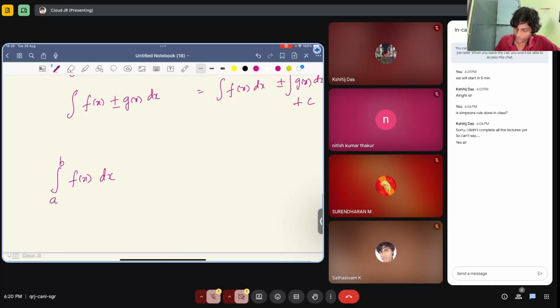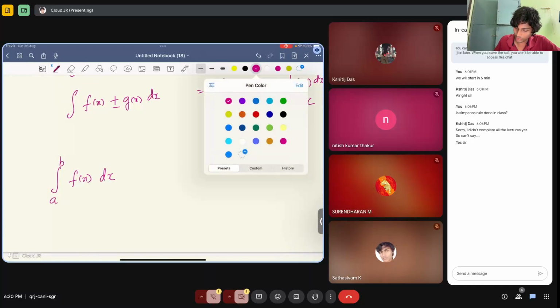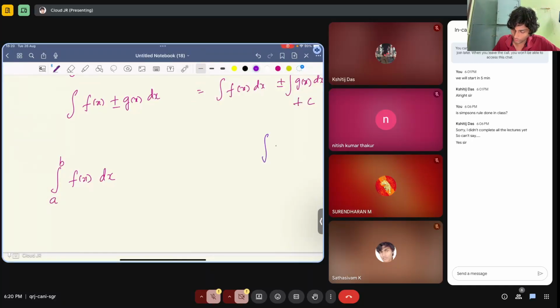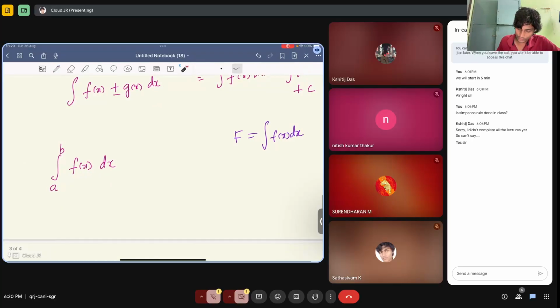Now you have an indefinite integral here, which is, let me write, the indefinite integral of f of x dx. Let me call this capital F. And you have a definite integral here, which you can either see as the area under the curve, or it is defined in terms of the Riemann integral.